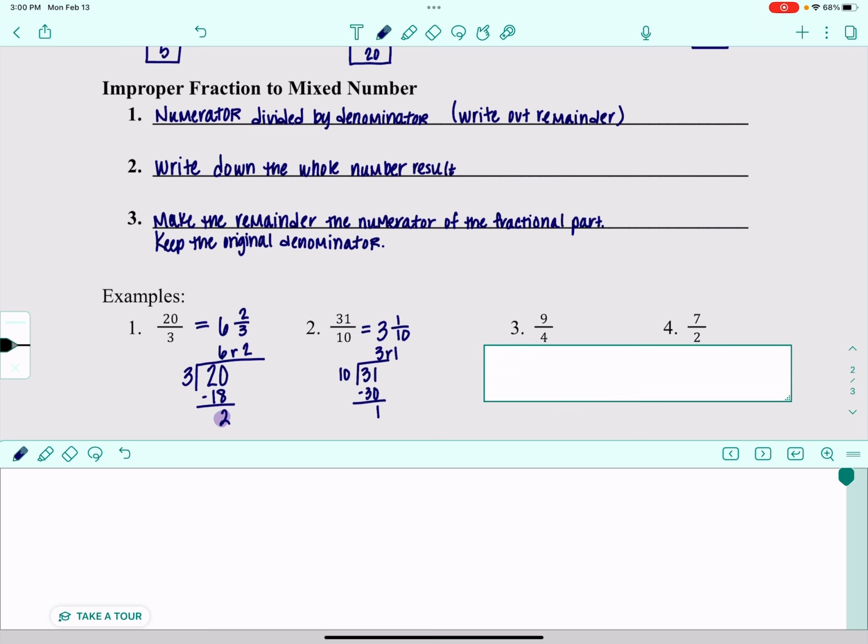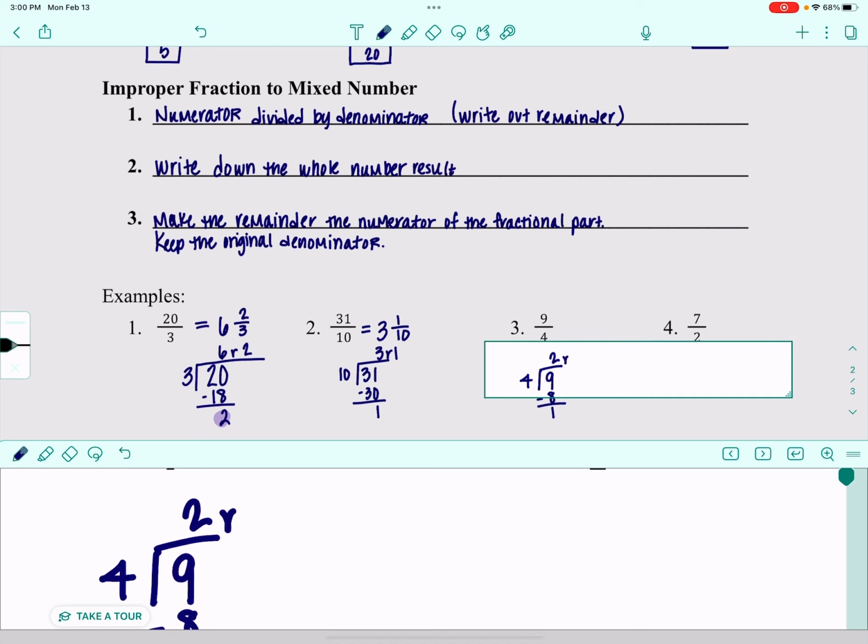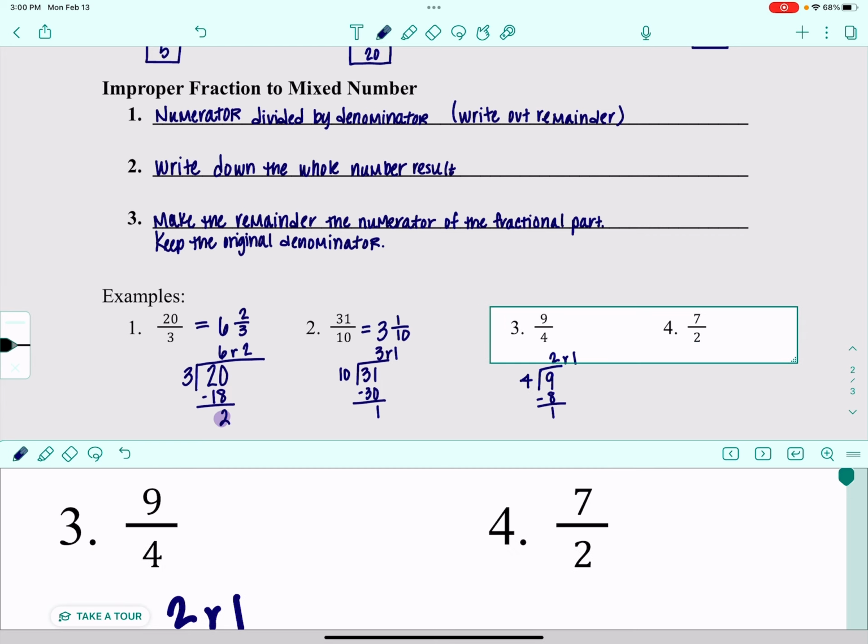With 9/4, we're going to look at 9 divided by 4. I know 2 times 4 gives me 8. So I have a remainder of 1. So I write down the whole number part. I use the remainder as my numerator, and I keep the original denominator.